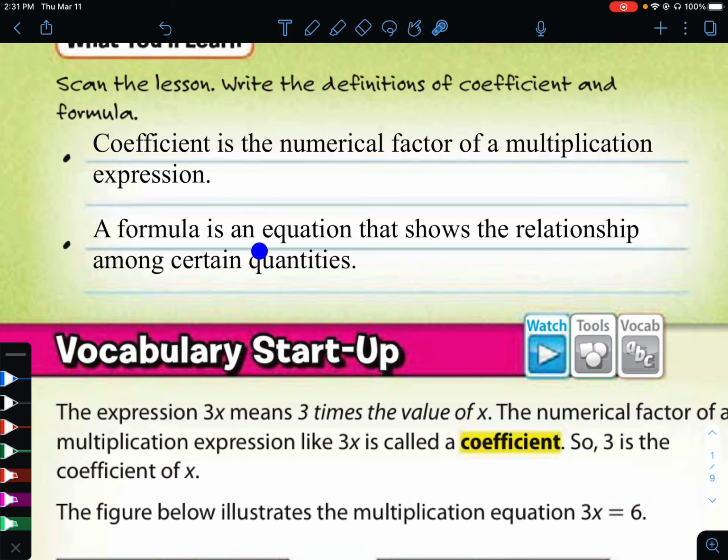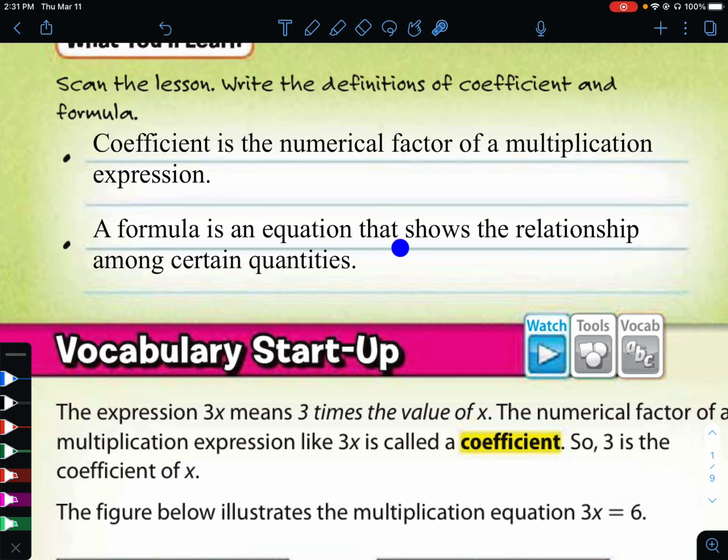And the formula is an equation that shows the relationship among certain quantities. So again, when the word formula comes in, it is an equation, and that basically goes back to our essential question, or knowing how to see if two quantities are equal or not.